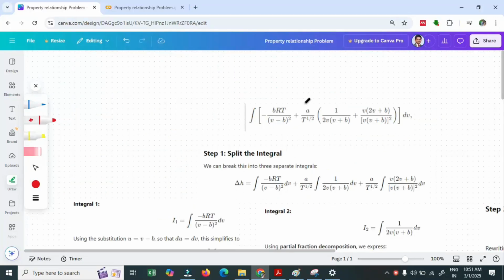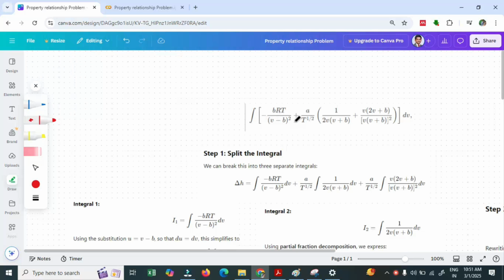Let us do the integration separately, since the integration itself is the biggest part of this problem. I have done it in a separate Canva whiteboard, and this is what we want to integrate.